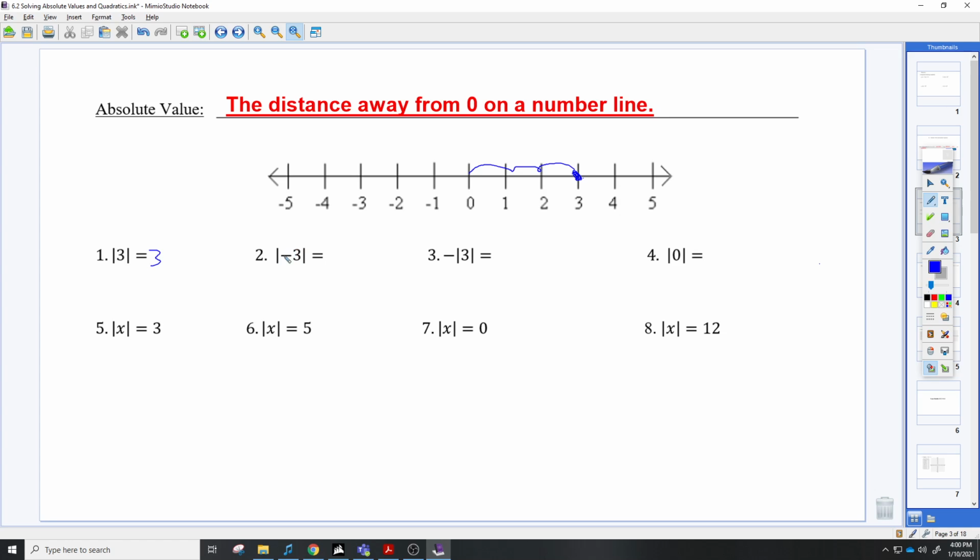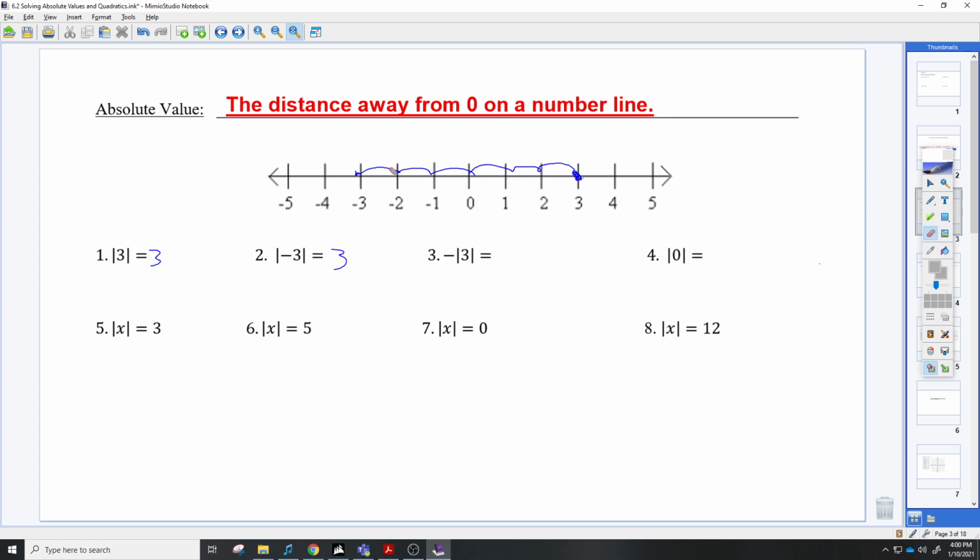How far away is negative 3 from 0? So here's negative 3. I'll highlight it. Again, you just count back towards 0. It'd be 1, 2, 3. It is also 3. So a lot of students memorize this as no matter what you plug into absolute values, you're always going to get out a positive number. Because what you're doing is counting distance, and distance is a positive thing.